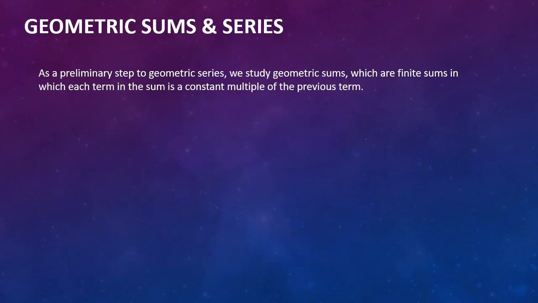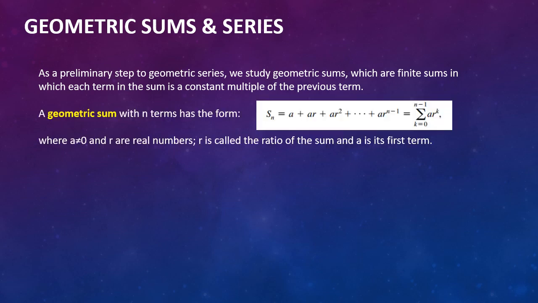As a preliminary step to geometric series, we're going to study geometric sums, which are finite sums in which each term in the sum is a constant multiple of the previous term. A geometric sum with n terms has the form S sub n equals a plus a times r plus a times r squared, and so on, all the way up to a times r to the exponent of 1 less than n.